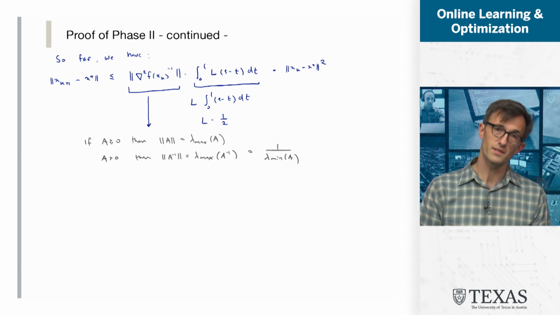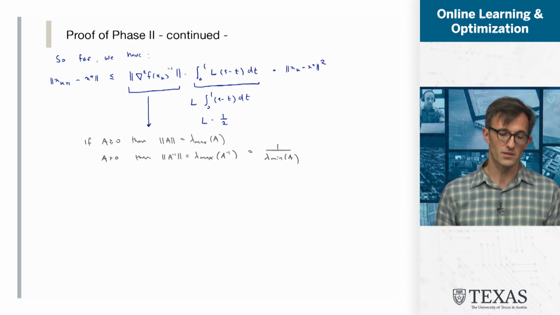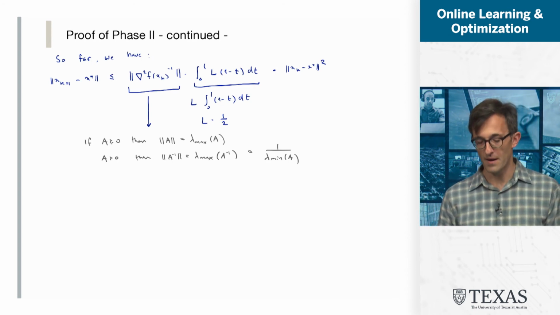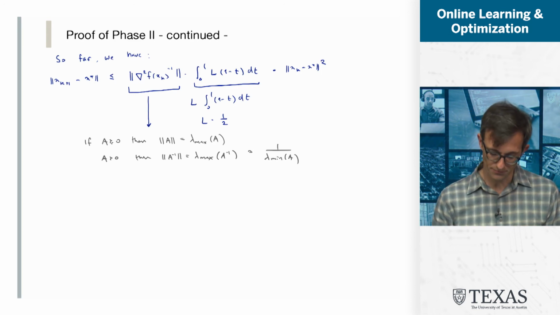How is this useful for us? It's useful exactly because strong convexity gives us a lower bound on the smallest eigenvalue of the Hessian of f of x.